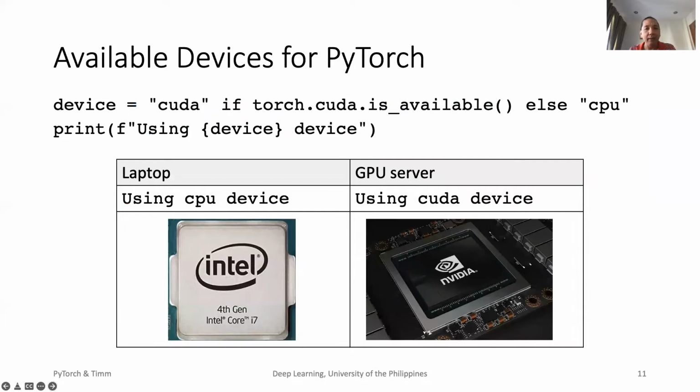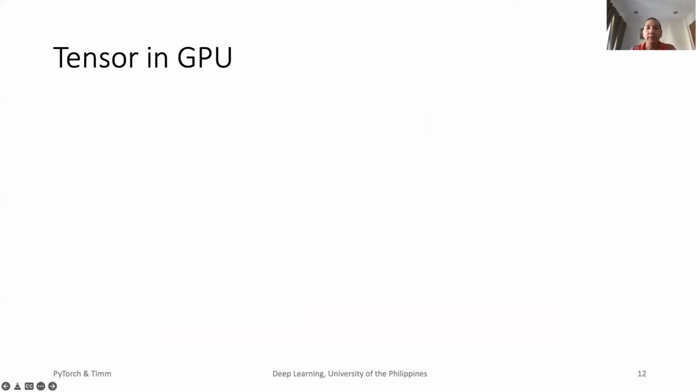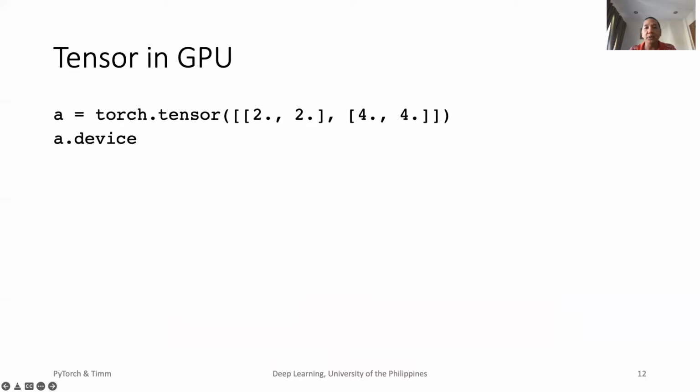Unlike NumPy, PyTorch supports AI accelerators like GPU. We can determine if GPU is available by running torch.cuda.is_available. In most laptops, CUDA will not show up and only CPU will be indicated. In GPU servers, CUDA should be available to PyTorch. Let us create TensorA.